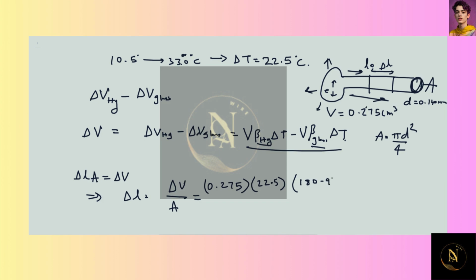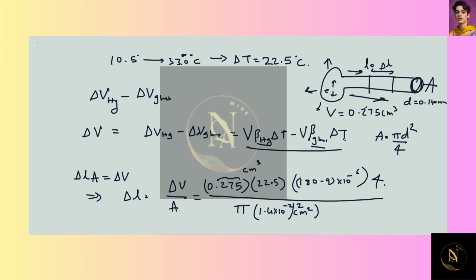So that's 180 minus 9 into 10 power minus 6, divided by the area, which is pi times the diameter, 1.4 into 10 power minus 2 centimeter, whole squared, and the 4 in the denominator goes to the top. Notice that this 0.275 is in centimeter cubed, which means our units will finally be in centimeters, which is fine. This number turns out to be 6.87 centimeters.